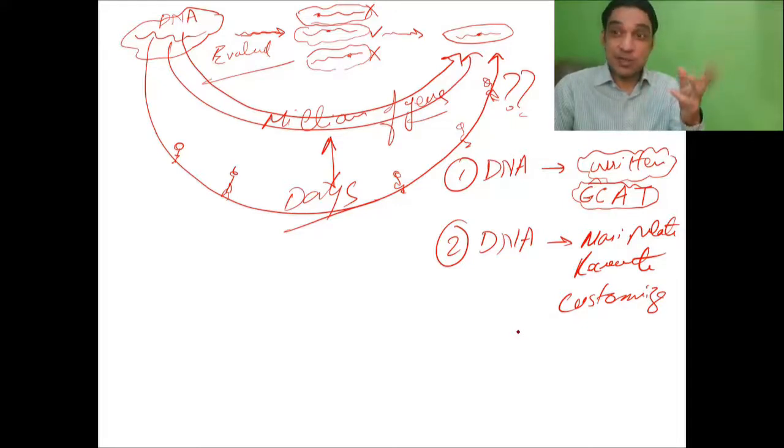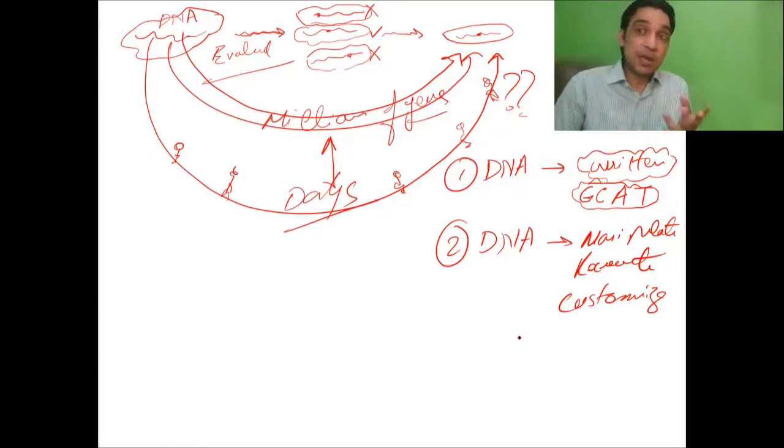We have customized the chicken so that it can produce lots of meat to help the survival of the 8 billion human population. We have customized life in crops and other genetically modified organisms. The next level is customizing the life of humans.